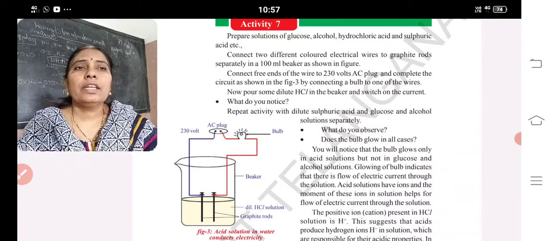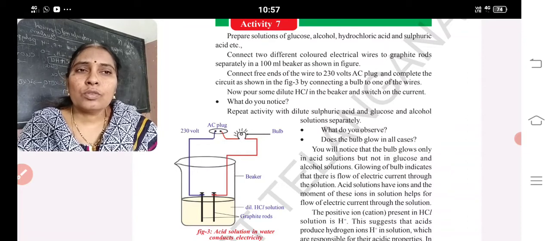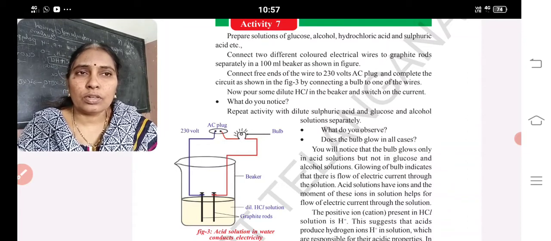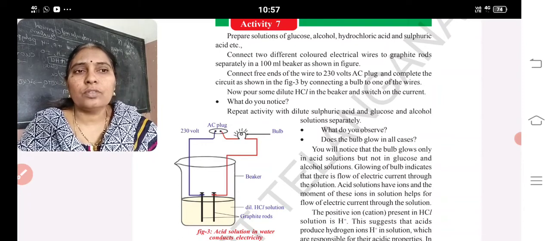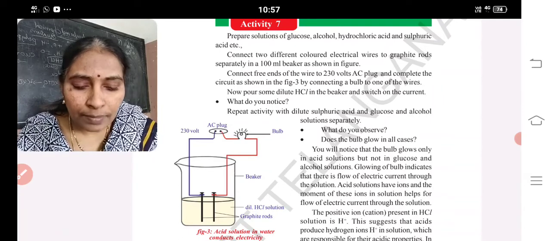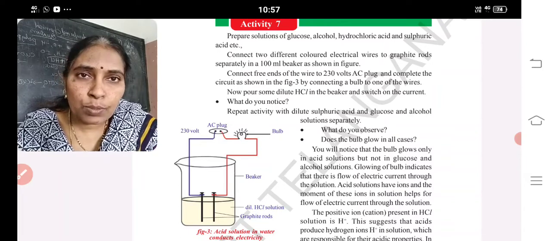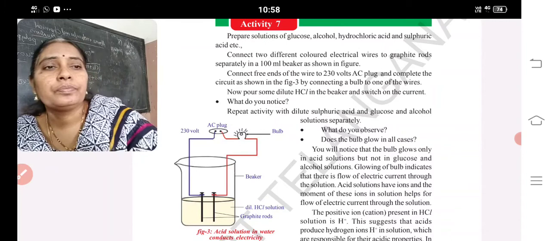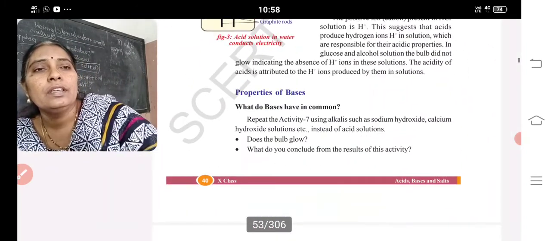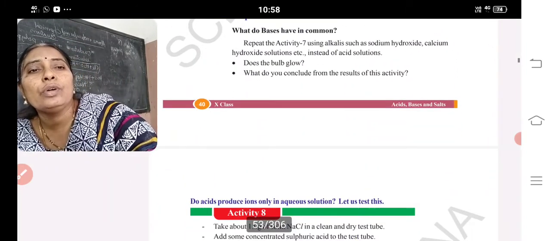First we are taking glucose, and when the solution is dipped, we see whether the bulb glows or not. Alcohol does not, hydrochloric acid does, sulfuric acid does. So from this what you are going to understand: acids produce H plus ions, which are responsible for glowing the bulb. Okay, most important. And what do bases have in common? OH minus ions.